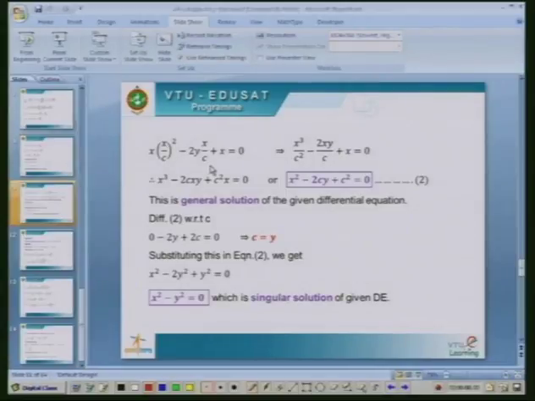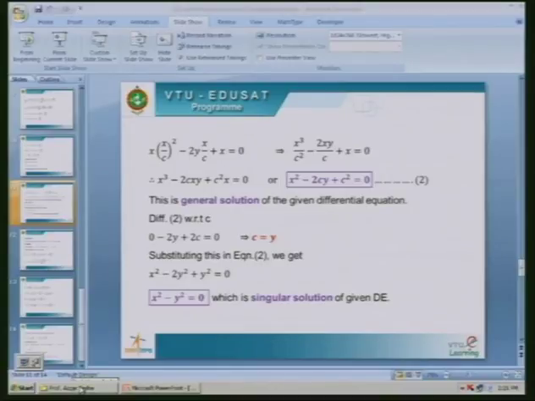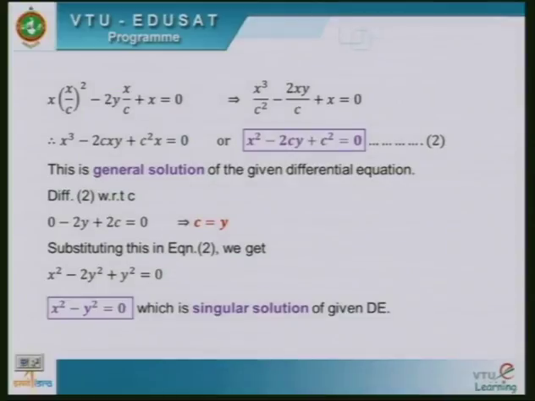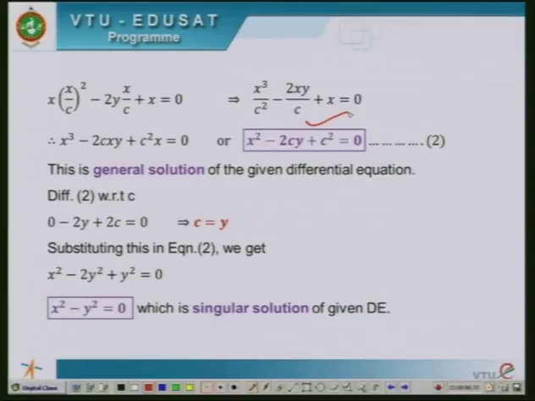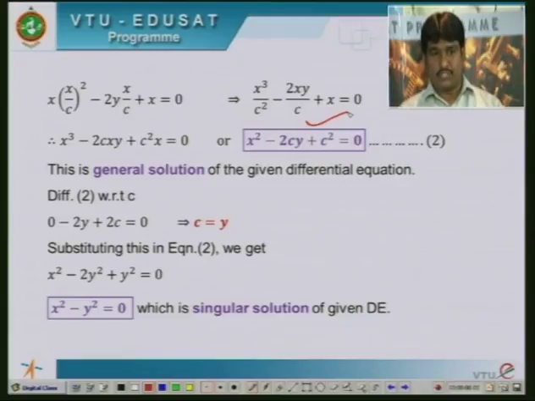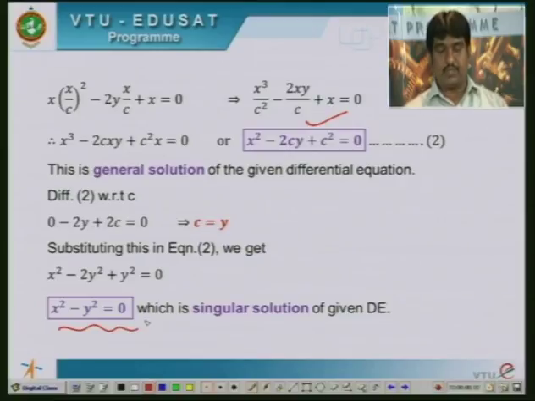You can see the singular solution is x square minus y square equals 0, which we have obtained by differentiating the general solution, x square minus 2cy plus c square equals 0, with respect to the arbitrary constant c, treating x and y as constants. The same equation, x square minus y square equals 0, we obtain by equating the other factor p square minus 1 equals 0.